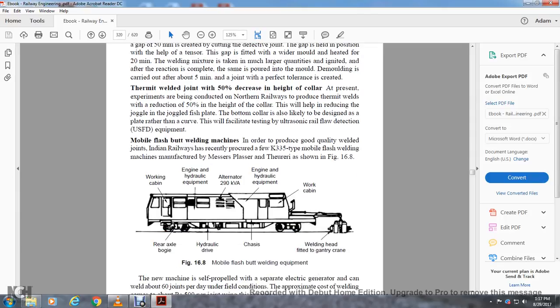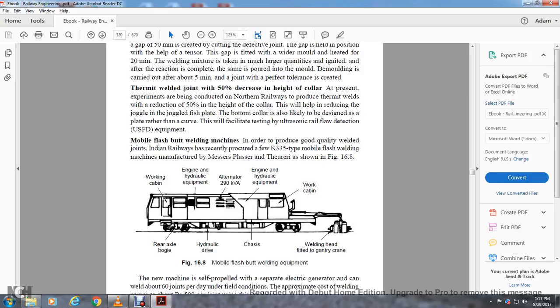Alright, the mobile flash butt welding machine is used to produce good quality welding. The joints in Indian rails have been produced with the K335 mobile flash butt welding machine, as shown in figure 16A.